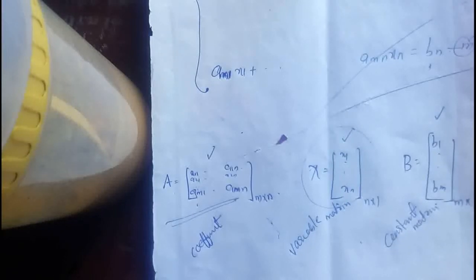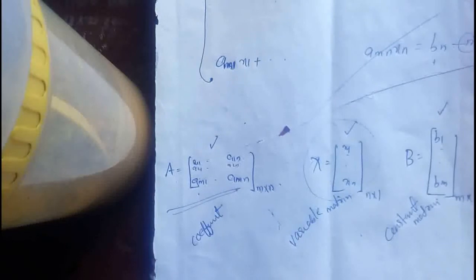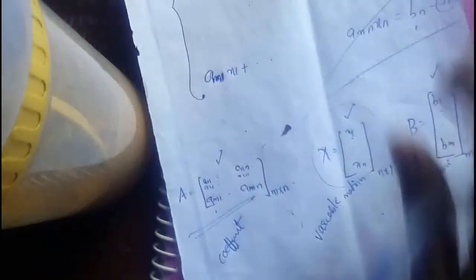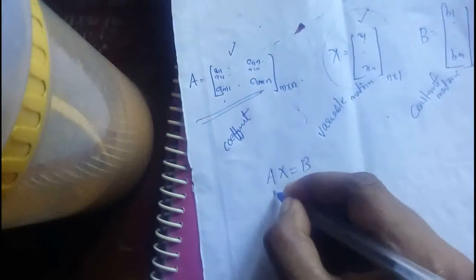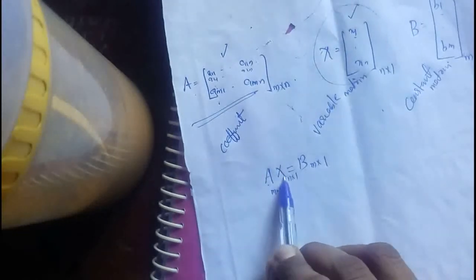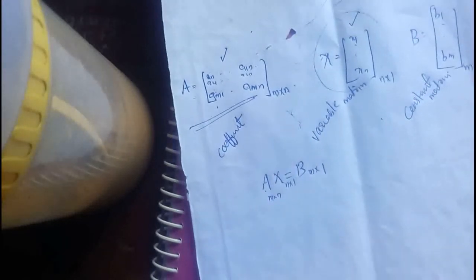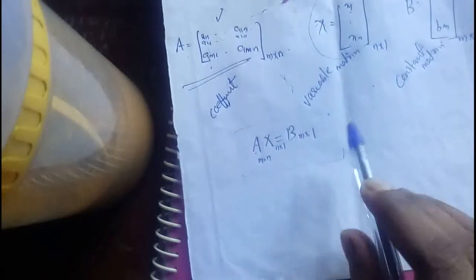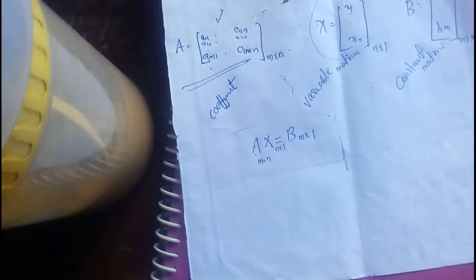So we can write the above system of equations in this form: Ax equal to B. A is an m cross n matrix, X is an n cross 1 matrix, B is an m cross 1 matrix. A is the coefficient matrix multiplied by the variable matrix, and we get the constant matrix.